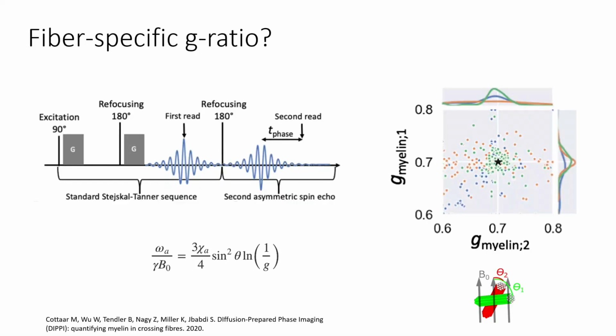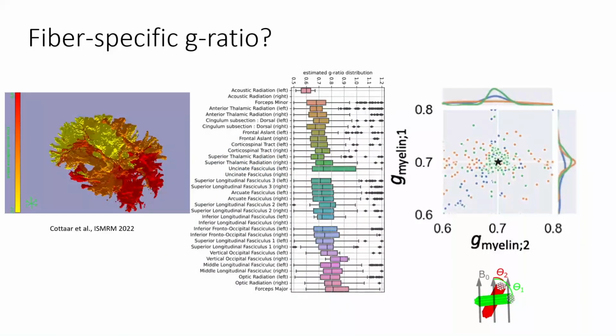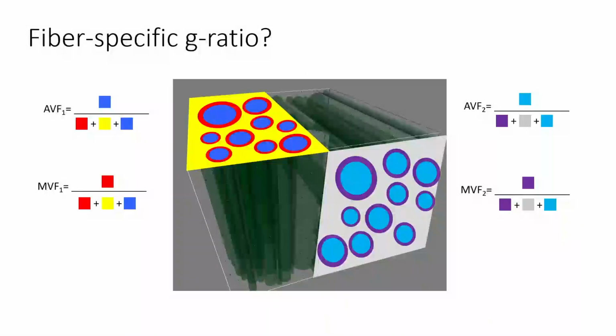So in fact, the approach that I whirled past by Mikhail Kartar is a diffusion prepared phase sensitive acquisition that allows for the estimation of a G ratio for multiple fiber populations in a voxel. This is work in progress and requires rotation of the head in the scanner, but it is an intriguing idea. He has now taken the relevant fibers G ratio and mapped it along the tracks of the brain.